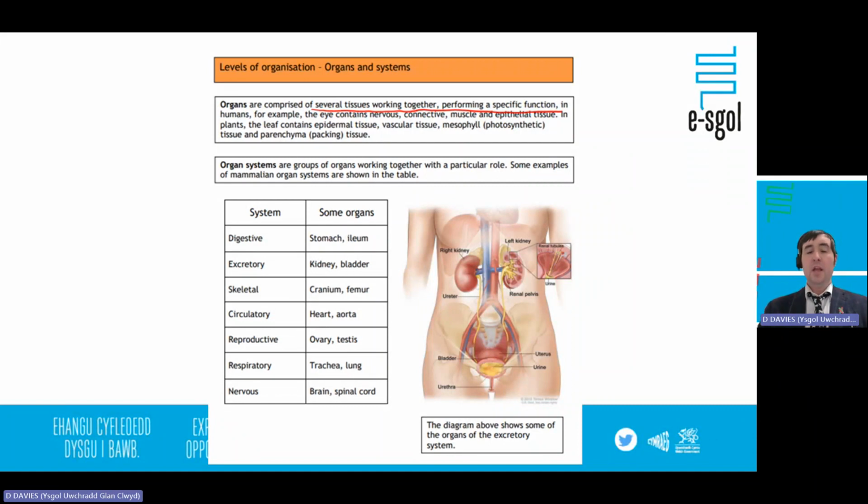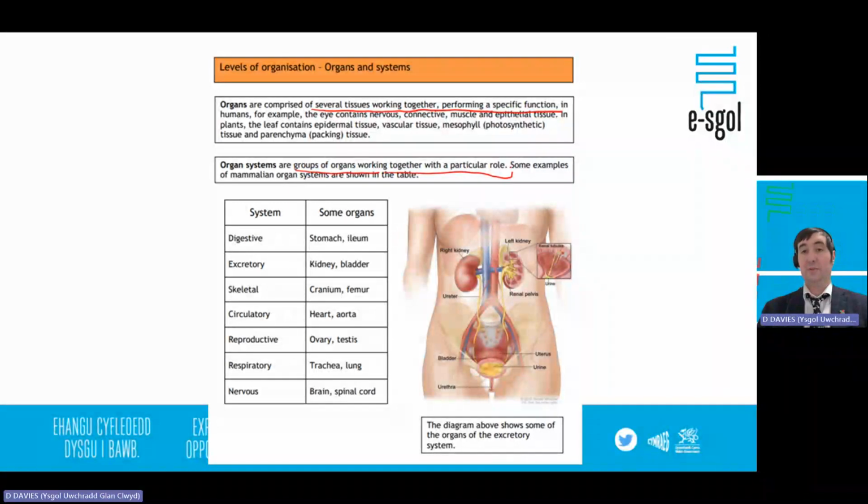Something that students sometimes forget is that plants also have tissues and organs and organ systems. Exactly there, it talks about a leaf. A leaf is an organ because it has lots of different types of tissues and it performs a particular function. And then you have organ systems, a group of organs working together with a particular function or role.